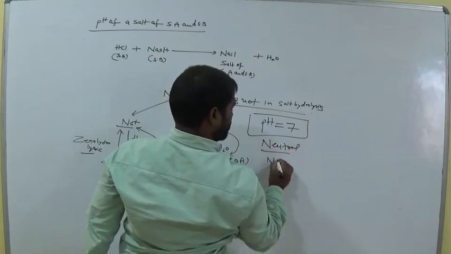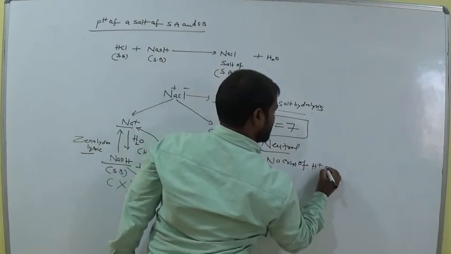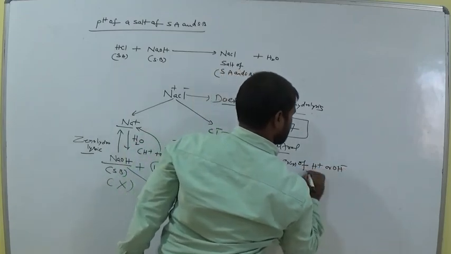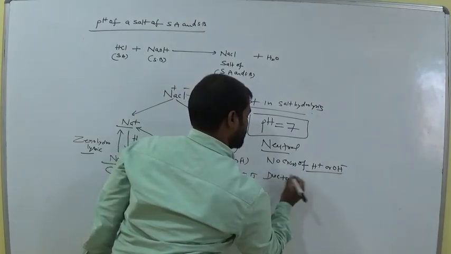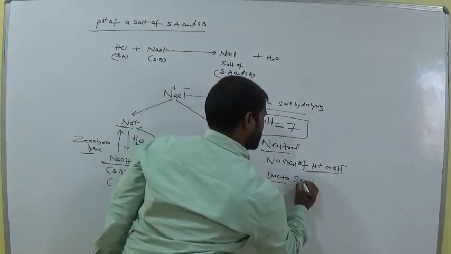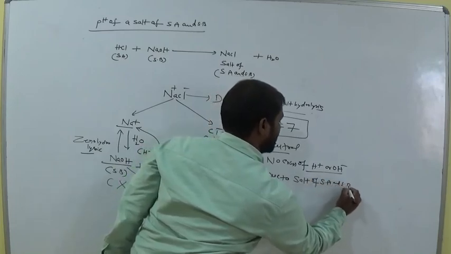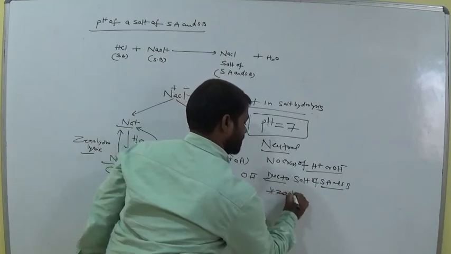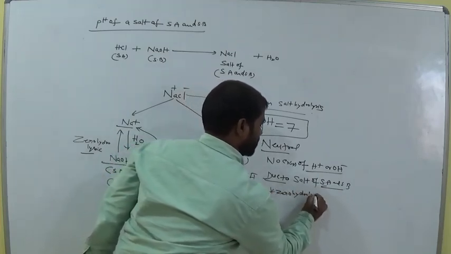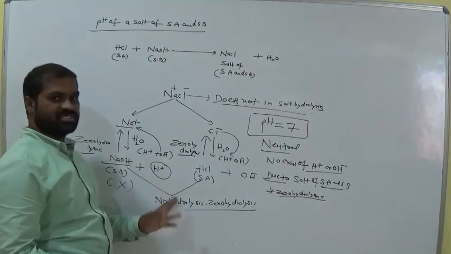Because there is no excess of H plus or OH minus, due to the salt of strong acid and strong base. Zero hydrolysis in both cationic and anionic cases. Why? Because both are strong in nature.